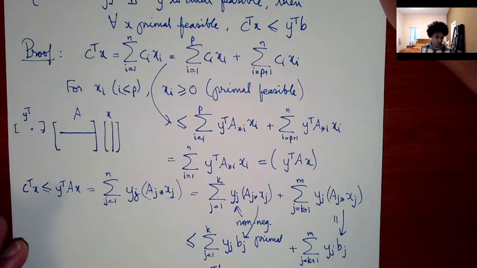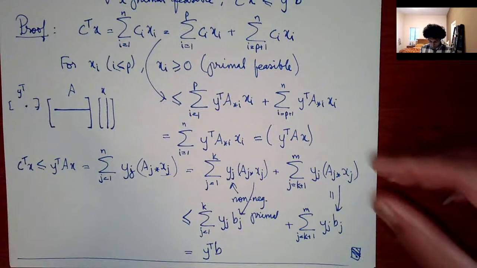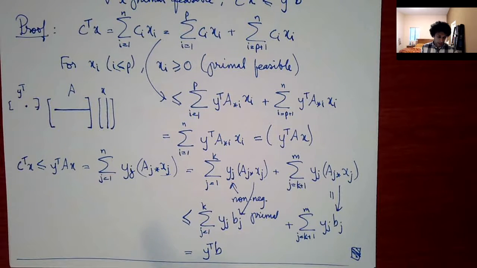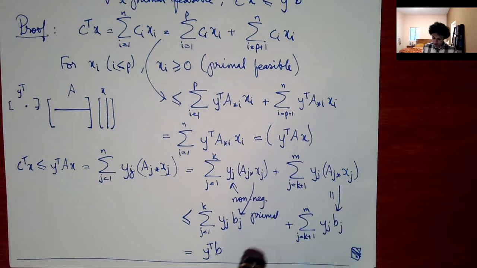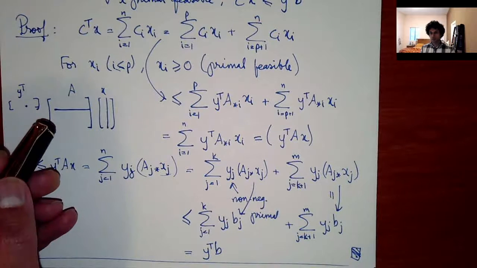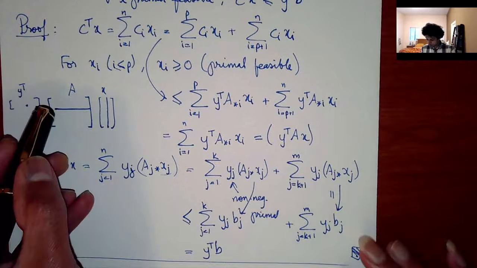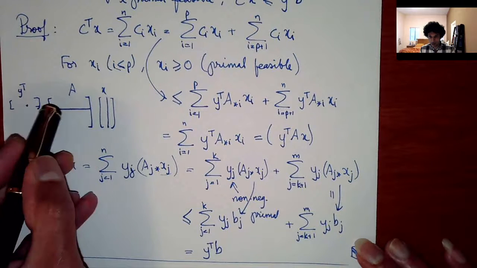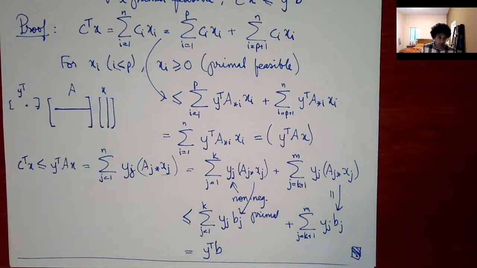Could you repeat the last part where the right sides are equal? These two are equal? Yeah. So, Aj star xj. What is Aj star xj? It's basically just looking at the jth constraint in the primal, right? Because you're looking at a column vector, you're looking at a row vector here, dot product with x. So this is basically a primal constraint.